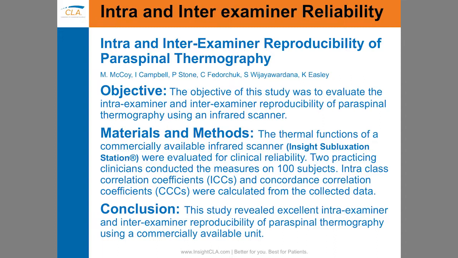So when I was putting together the slide deck, one of the things that I really wanted to do was just get this reliability situation out of the way, because even when BJ introduced this whole idea of thermal scanning back in the 1920s, that is, to the chiropractic profession, it was a bone of contention as to how accurate it was and how reproducible it was. And we're going to go into some of the studies that have been done, and thermography has been studied tremendously within chiropractic.